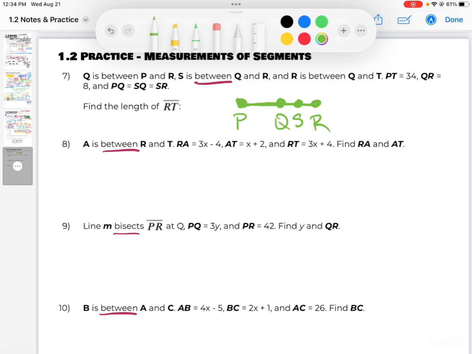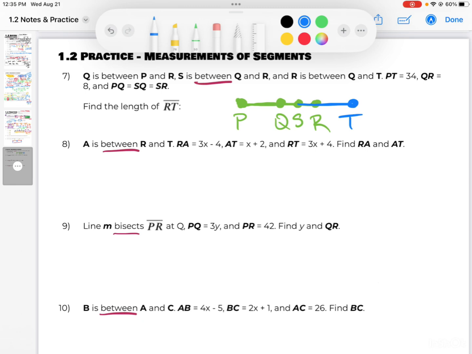I'm just going off of my first read. If you read and get more information, you can always adjust your image so that it's not visually deceptive. It's not tricking you. So Q is between P and R, S is between Q and R, R is between Q and T. So actually, there's even another point on here.